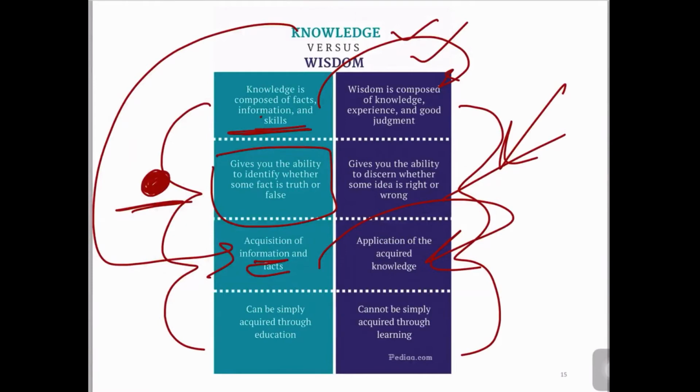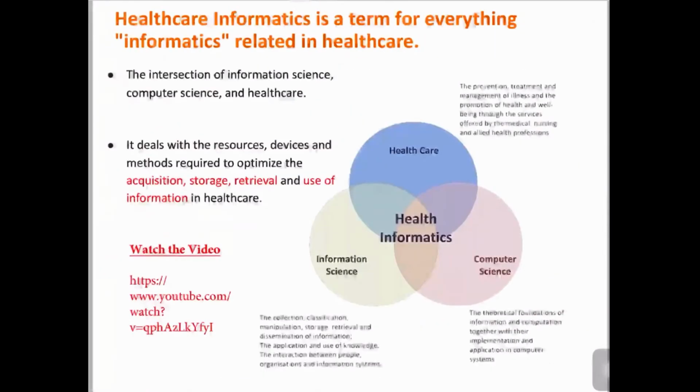Now, moving on to the definition of healthcare informatics, how we define healthcare and medical informatics. We call it healthcare informatics, medical informatics, medical and healthcare informatics. These are all defining the same concept. So you see this Venn diagram, we have one circle about computer science.